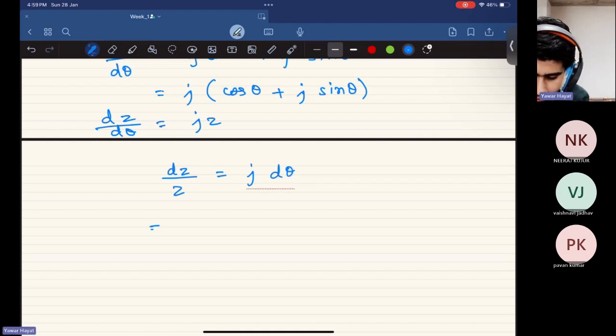If I integrate on both sides, I'll get ln of z, the natural logarithm, equal to j times theta plus c.